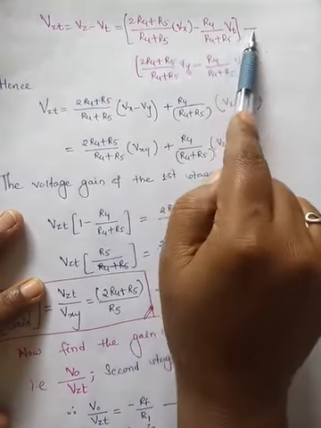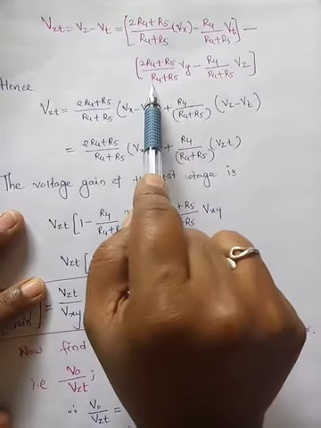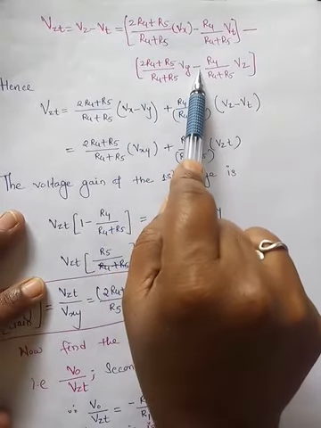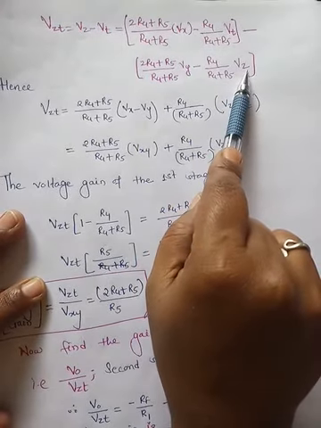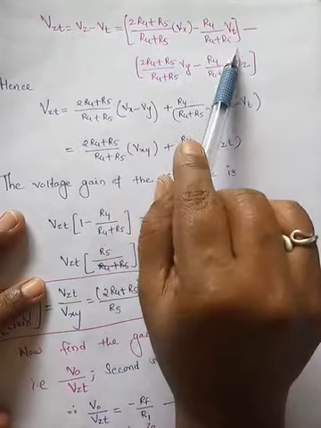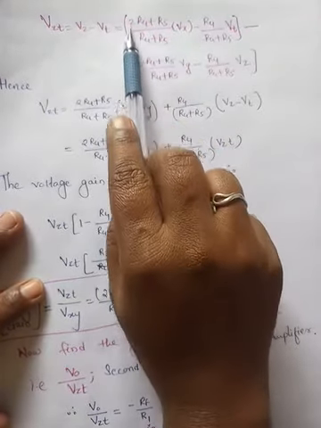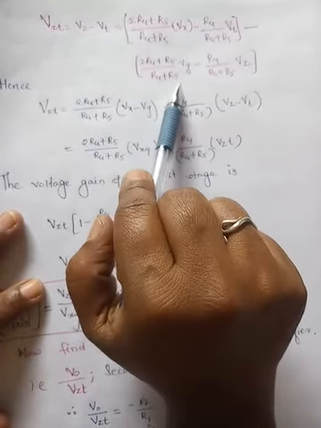This is Vz, minus this, minus Vt. Vt is 2R4 plus R5 by R4 plus R5 into V of y minus R4 by R4 plus R5 into Vz. Okay. So we got these two equations, and when we are solving, we can see that the coefficient of Vx is similar to the coefficient of V of y.